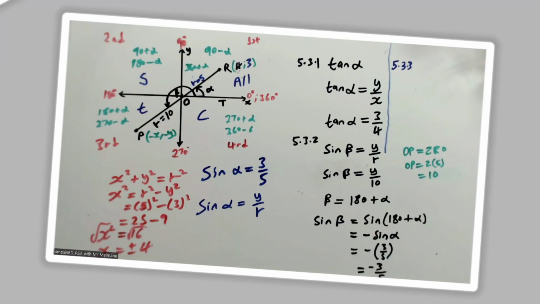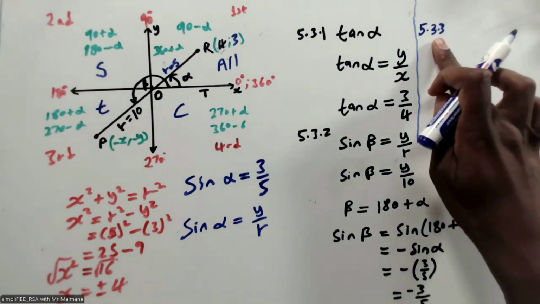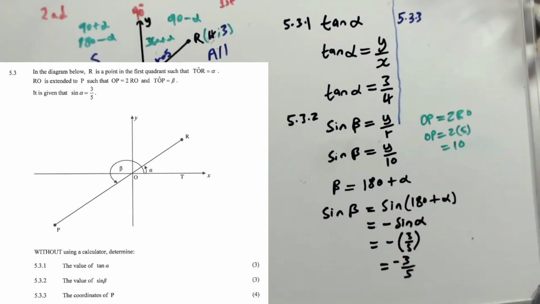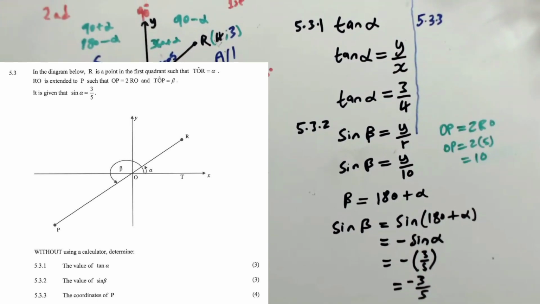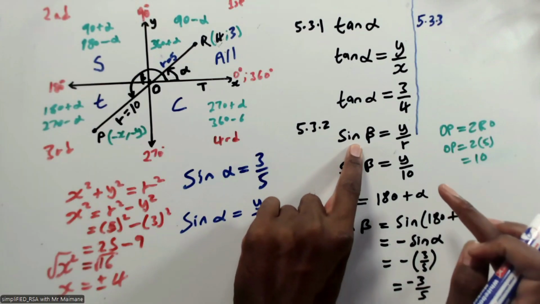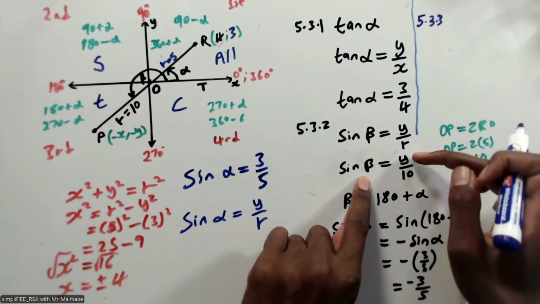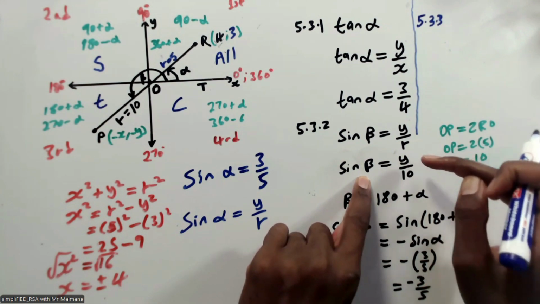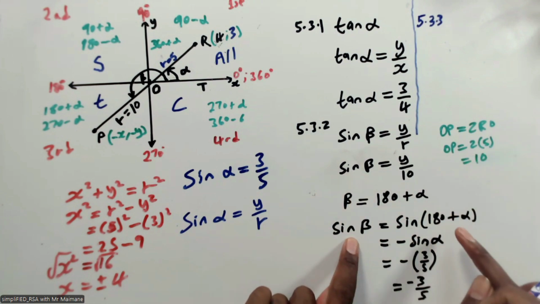Now 5.3.3, we have to find the coordinates of P, which is this point here. This is how important everything we've been doing comes together. Look at this. First of all, I know that sine of beta I can represent as y over 10, but I didn't have enough information to represent it like that, hence I ended up settling for this.